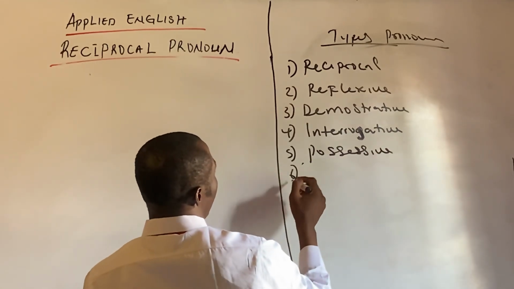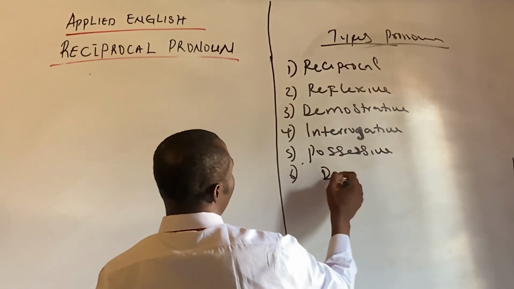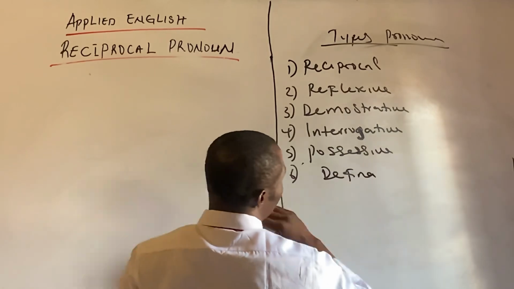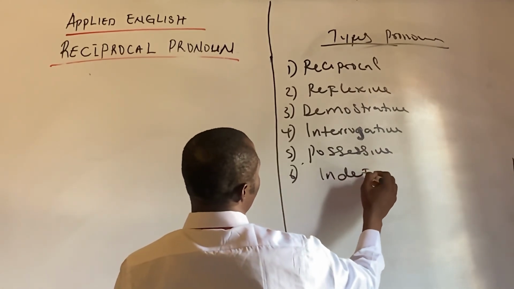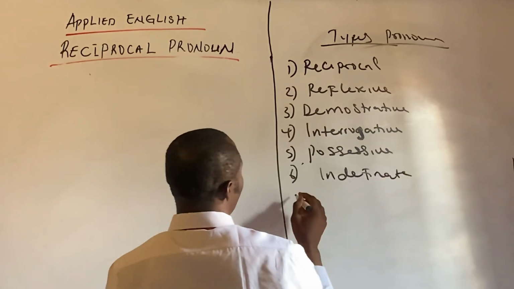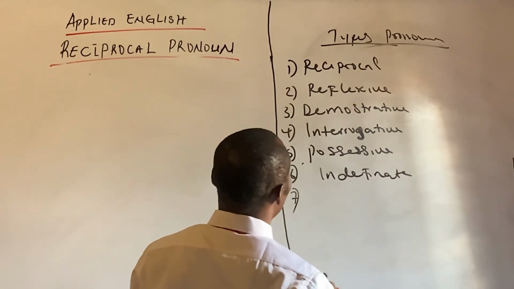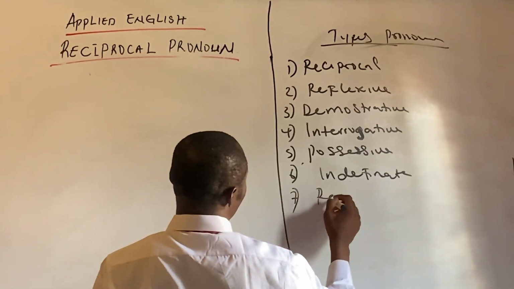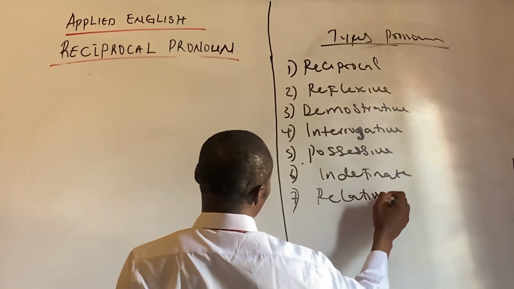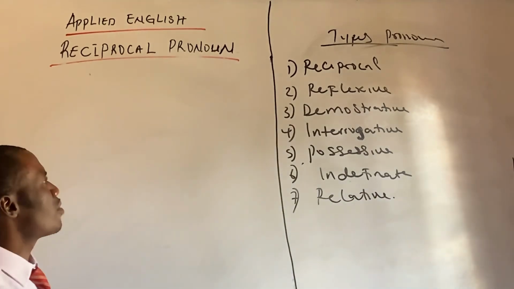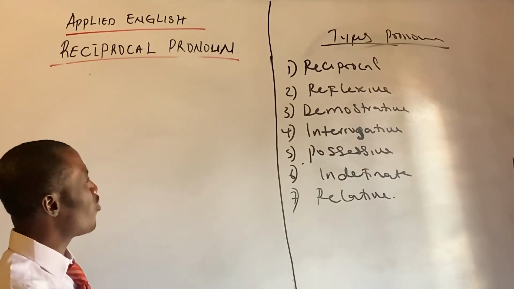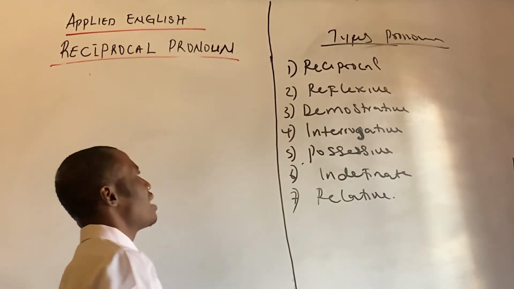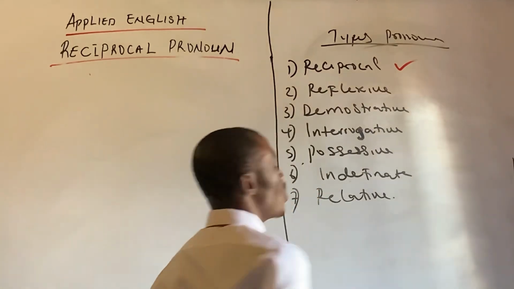Number six, the definite or indefinite pronoun. Number seven, the relative pronoun. These are the pronouns that we'll be looking at in our subsequent classes, but for this class, we'll be looking at the reciprocal pronoun.